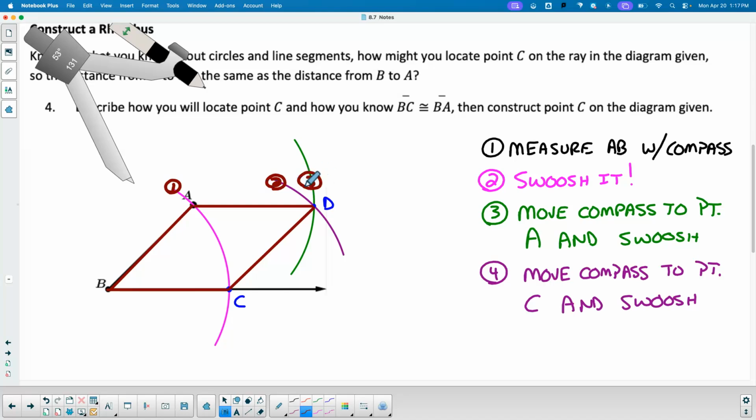I would need to see all three of those intersecting arcs in order to get credit for this one. Otherwise, you're just drawing it to draw it. You're drawing it freehand. And we are constructing. So I need to see tick marks or swooshes, if you will, in order to get credit for any and all constructions. Okay?